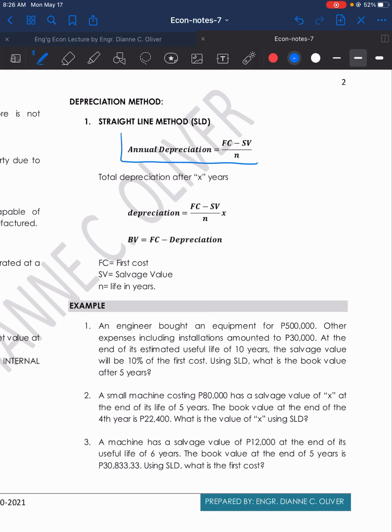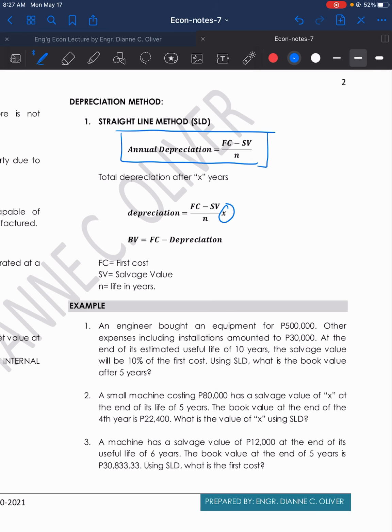For the annual depreciation, we have the first cost minus the salvage value divided by the life in years. So, the life of the property. Now, if we are solving for the total depreciation, the total accumulated depreciation after X years, we will put here the number of years.